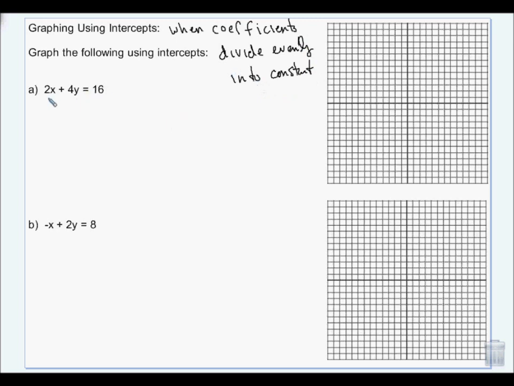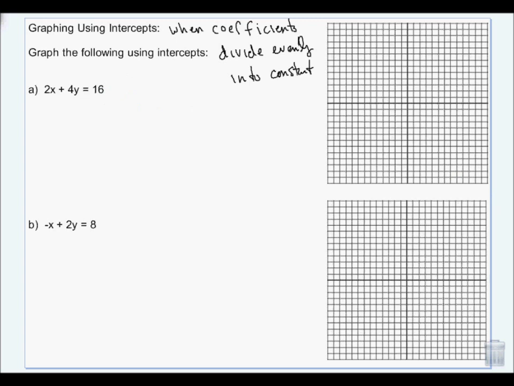So you look at this and say, okay, 2 and 4 both go into 16, right? This is a good time to use intercepts. Here I have -1 and 2 both go into 8, so this is also a good time to use intercepts. If these two numbers don't both go into this number, I'd use a different method, because it's not going to go evenly, so you'll get fractions or decimals, which are a pain to graph.